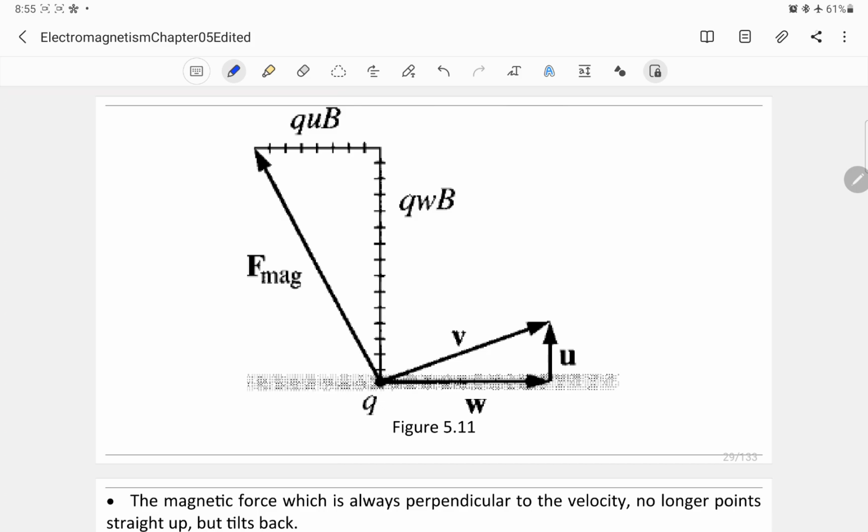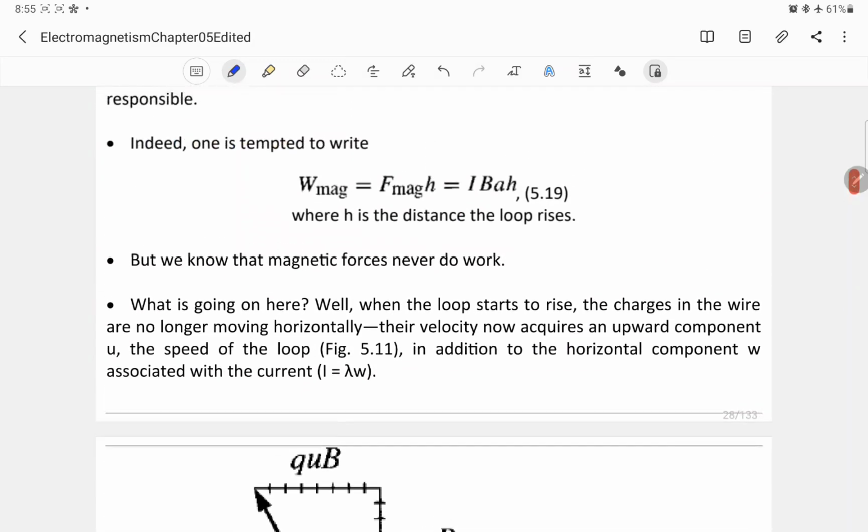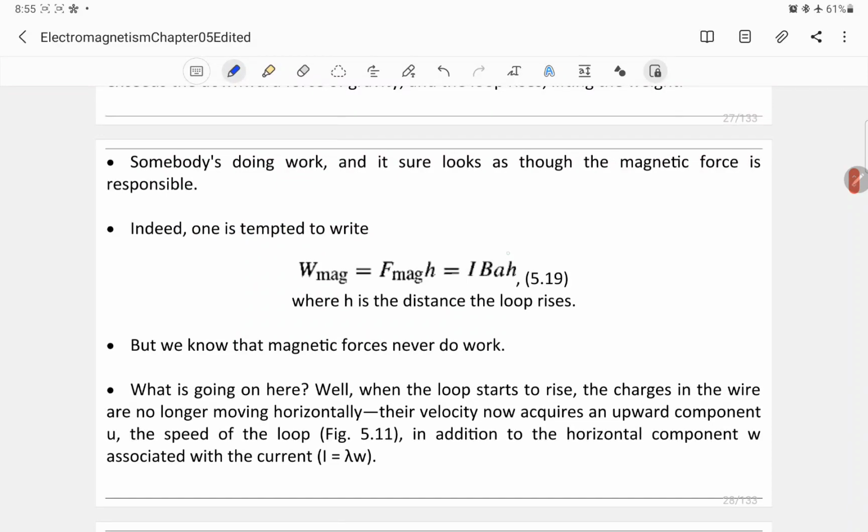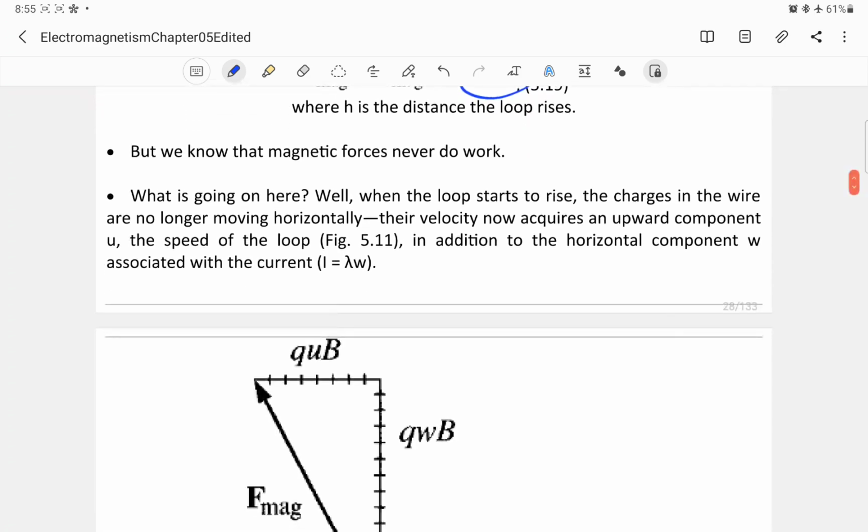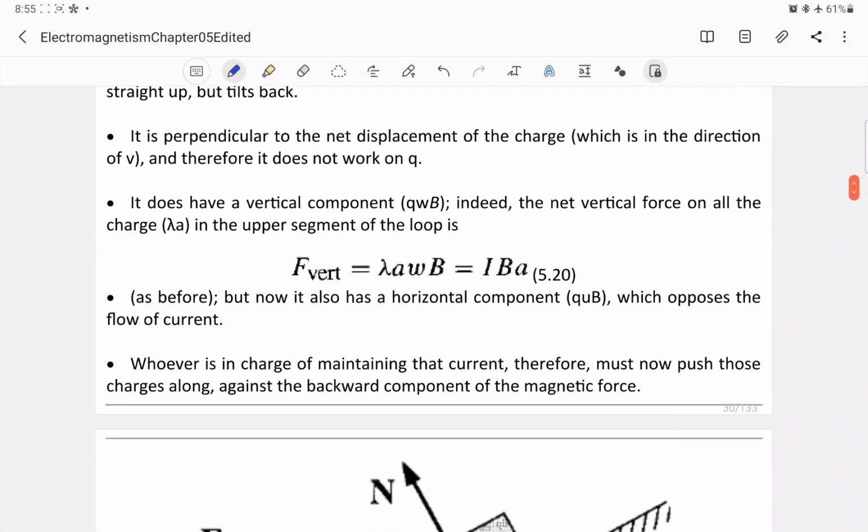The work done by the battery is equal to this, but it's not work done by the magnetic force, because as I've always said, magnetic force is perpendicular to the displacement. So anyway, that's the work done by the battery.